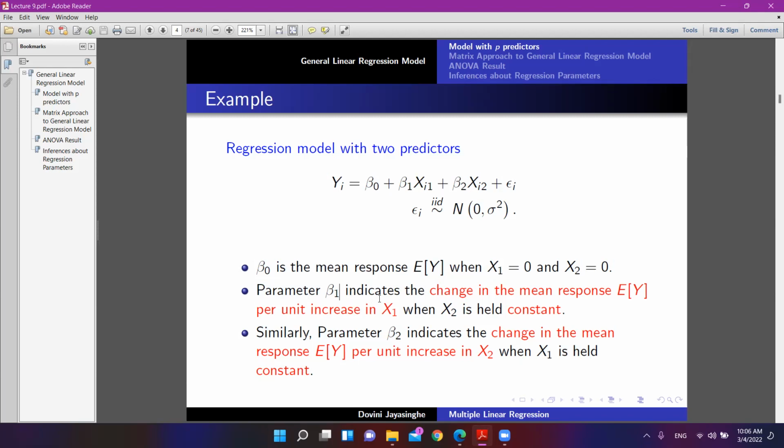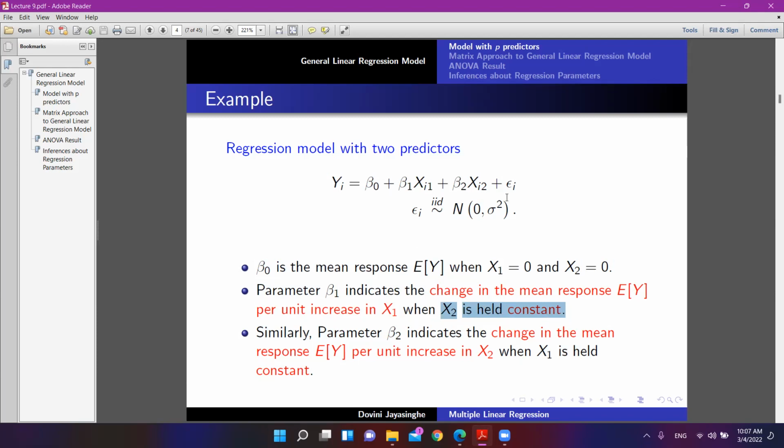Parameter beta 1 indicates the change in the mean response per unit increase of x1 when x2 is held constant. So when you have only two predictors, you don't have to say when all the other predictors are constant. You just have one other predictor, so you can say when x2 is held constant.